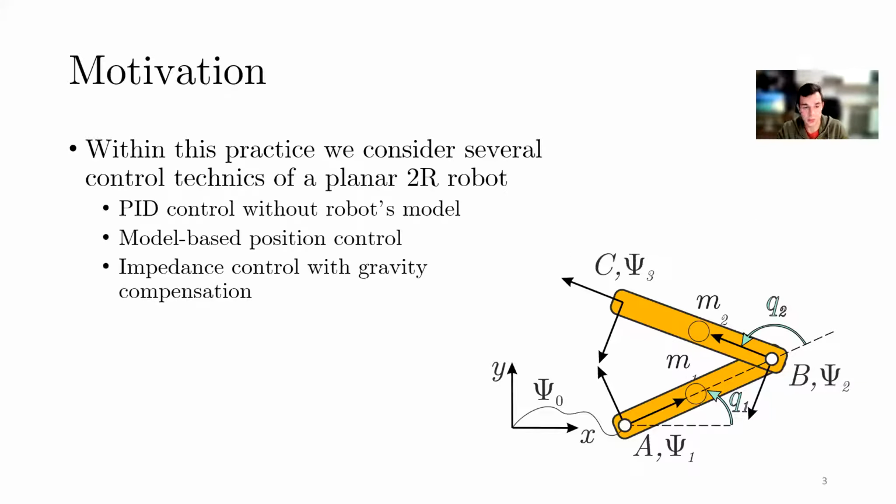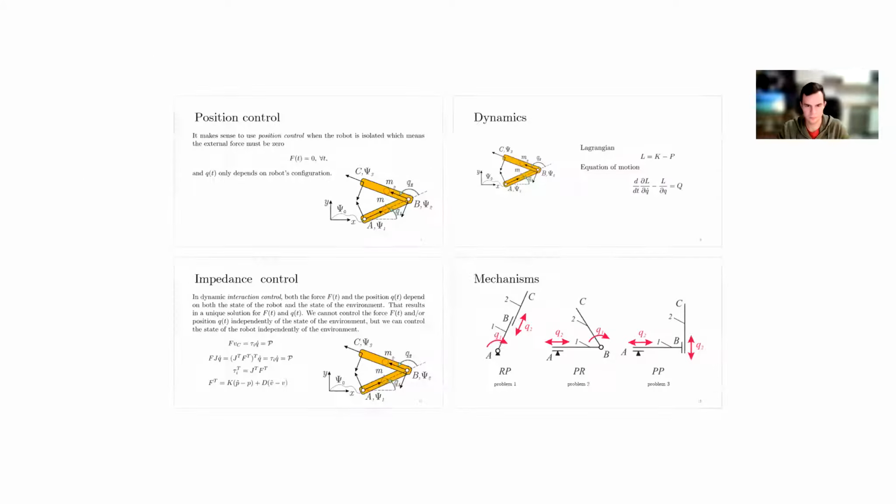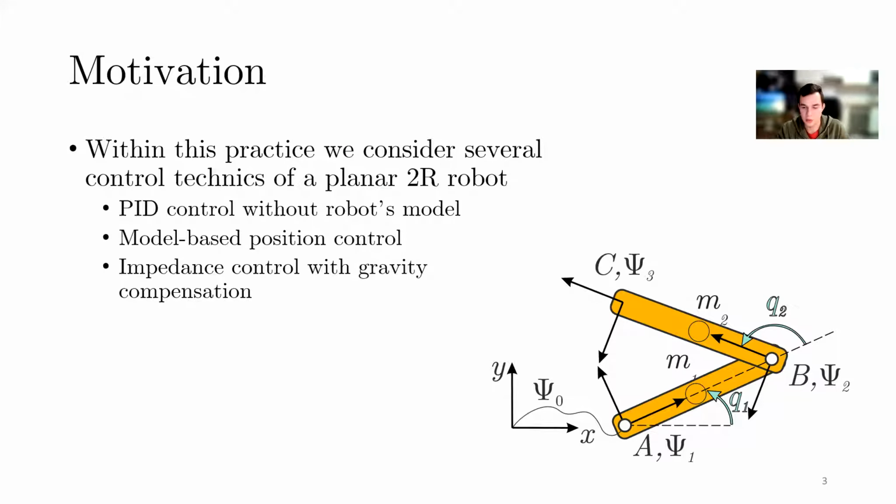So I will start with the motivation. A 2R robot, a planar robot with 2 revolute joints, is the most common example to consider robot dynamics.